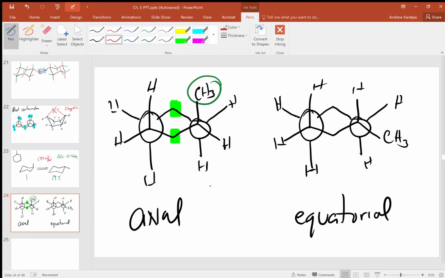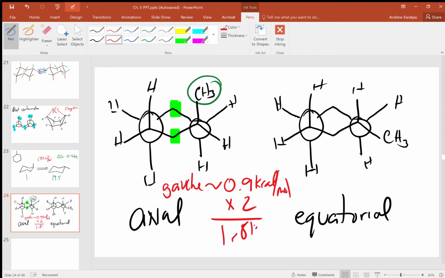A gauche interaction is worth approximately 0.9 kcals per mole. And since there's two of them, that gets us to approximately 1.8 kcals per mole, which is essentially the difference that we said there was between the axial and equatorial conformations.